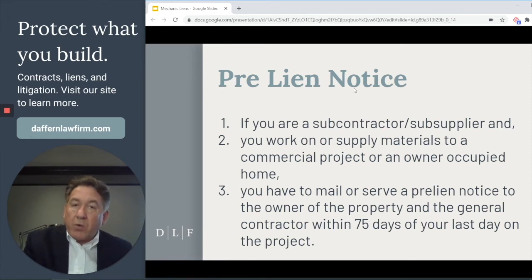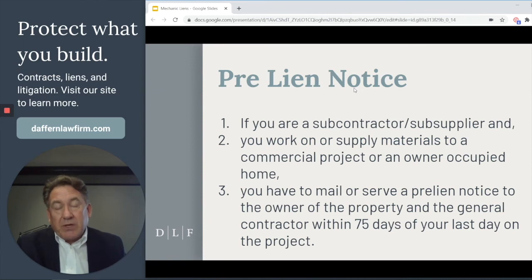Or if it's an owner-occupied dwelling, then someone's actually living there, and you need to let them know who's working on the project. So again, the rule is that you have to send out that pre-lien notice to the owner and to the general contractor within 75 days of the last day of work. And if you'll recall, we went over what the last day of work in the project is. We'll go over that a little bit more here in a minute.